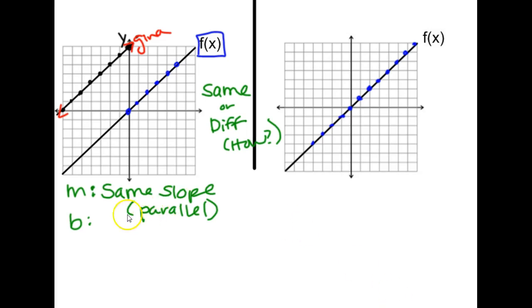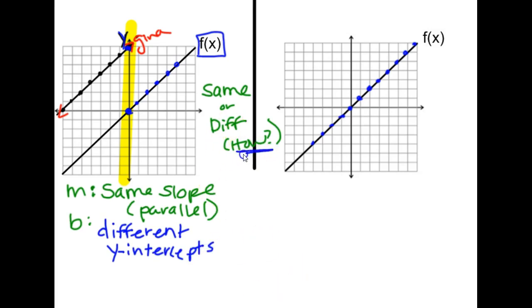And then B. Where do we cross the y-axis? So here's my highlighter, my y-axis, right there. This one crosses right here, and this one crosses way up here. So I know right away they're crossing at different points. So different y-intercepts.